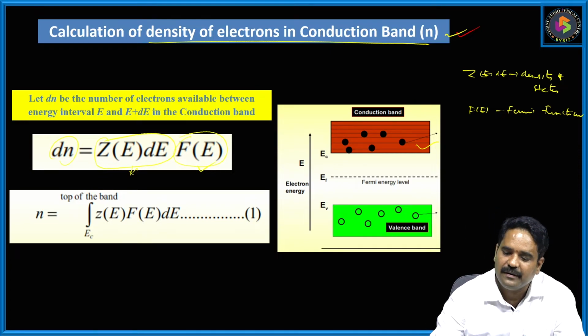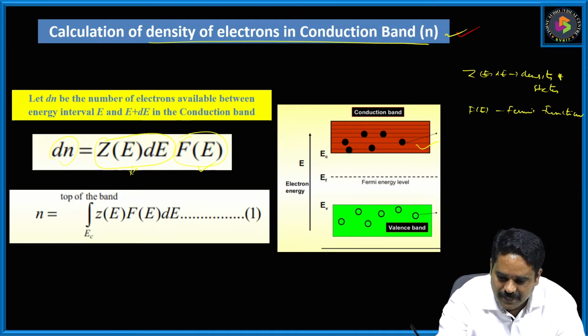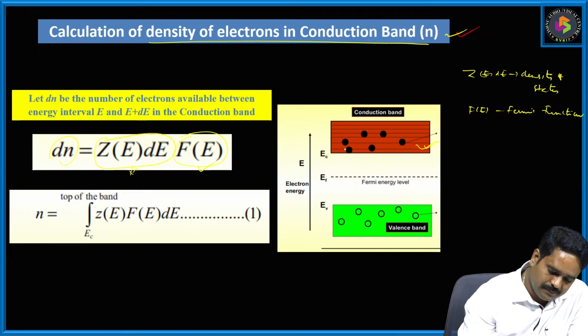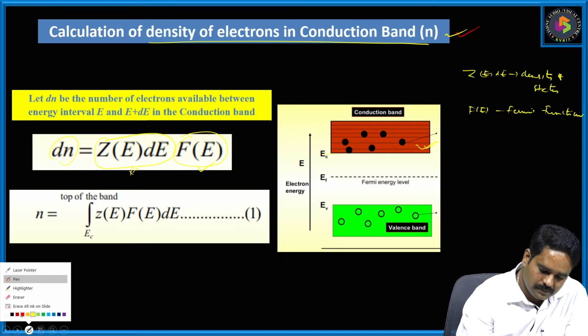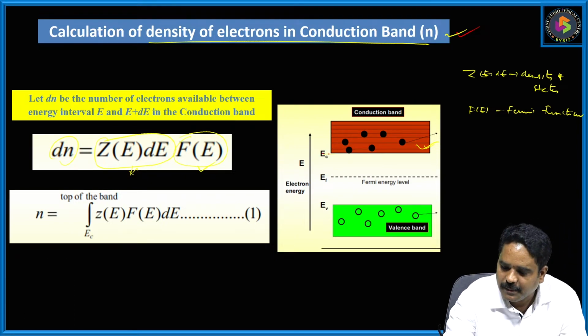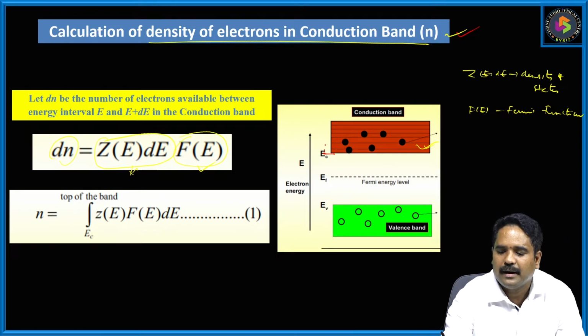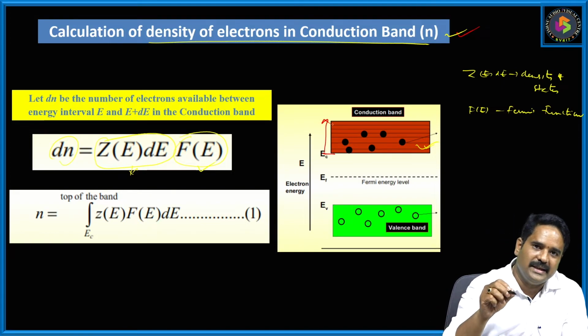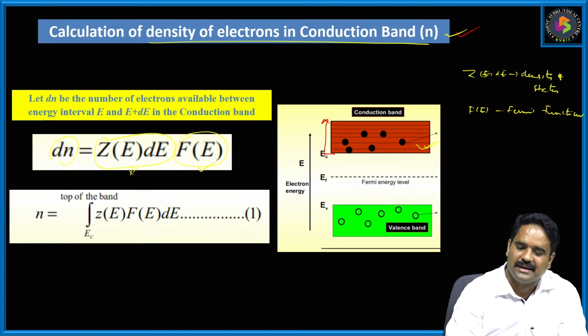Why EC to infinity? We are deriving this expression in the conduction band. Here EC is the bottom of the conduction band, and why the lower limit is EC and why the upper limit is infinity?